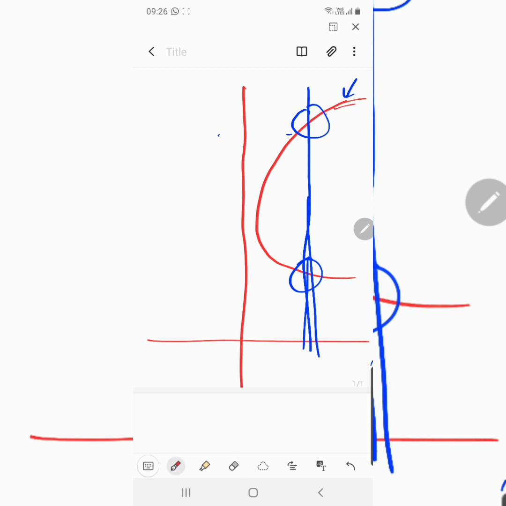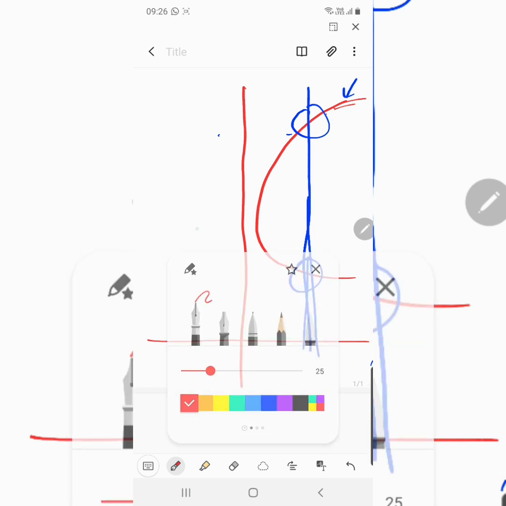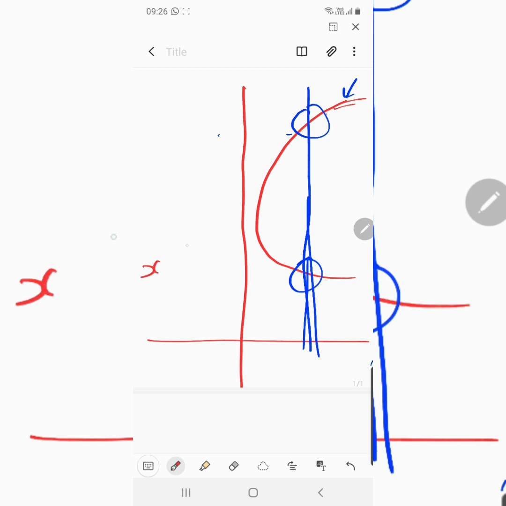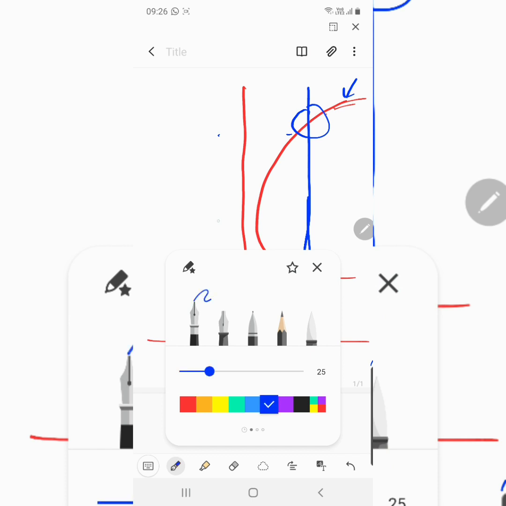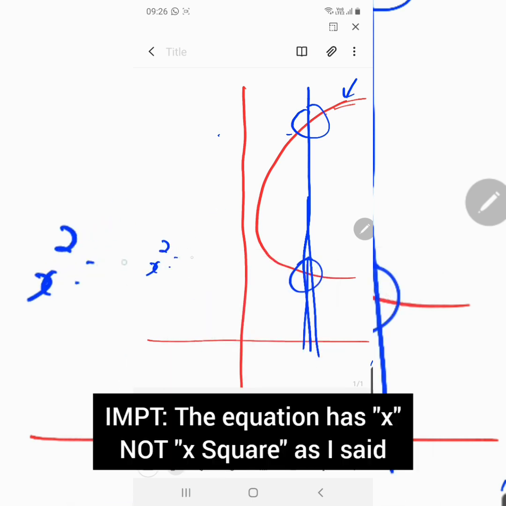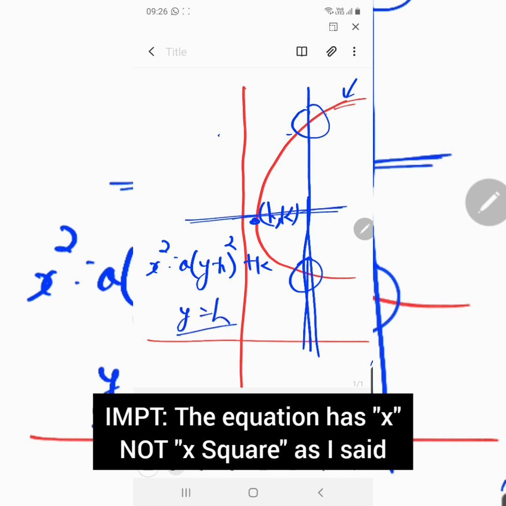can find the equation of this parabola with some degree of accuracy in terms of the general equation, which is x square is equal to a into y minus h whole square plus k, where this point is hk and the axis of symmetry is y is equal to h.